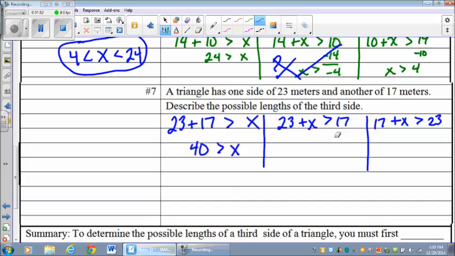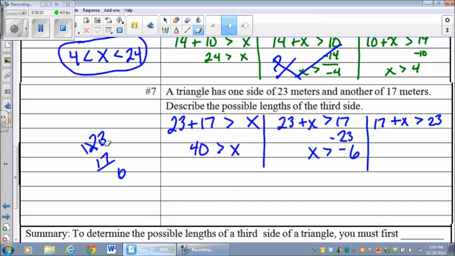All right, so on the first one, if I subtract 23, oh goodness, what do I come up with? X is greater than a negative, I believe that's 6. Good Lord, I can't even do this in my head today. All right, so let's do that. Yeah, that is 6. Okay.